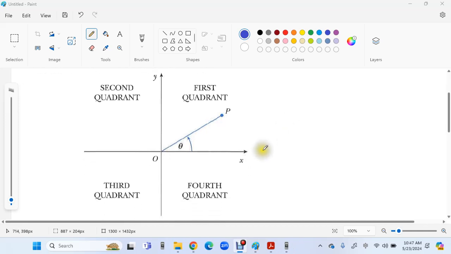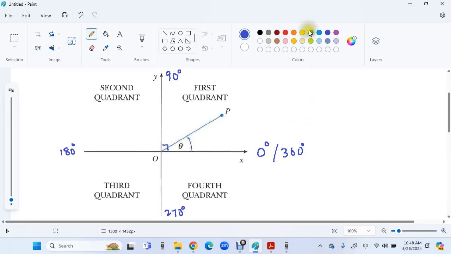So we know that from here, the x-axis, it starts from 0 degree. And then over here, at the y-axis is 90 degree. And this is 180, 270, and 360 will go back to the first quadrant.